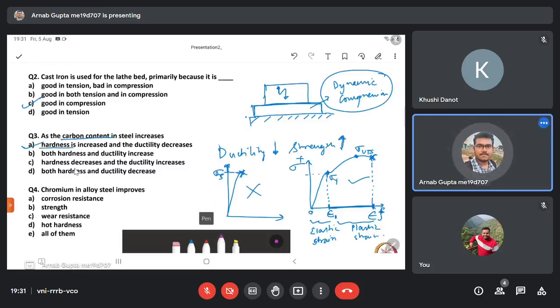Hardness is the resistance to scratch, or wear. So it is mostly a surface phenomenon. Strength is a bulk phenomenon. Hardness is mostly a surface phenomenon. So if you increase the carbon content, the hardness will increase. Okay.